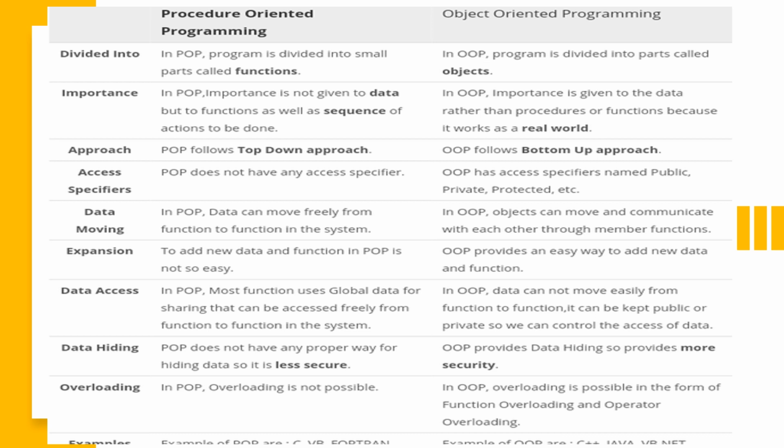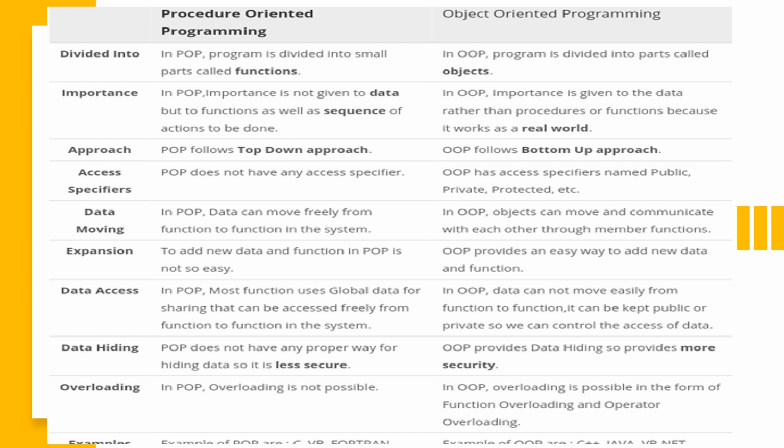So I will tell a few differences which you can understand now, and the remaining after I complete the concepts. The first difference is based on how the program is divided. In procedure oriented programming, the program is divided into small functions, whereas in object oriented programming the program is divided into objects. When we write code, you will understand how the program is divided into objects.